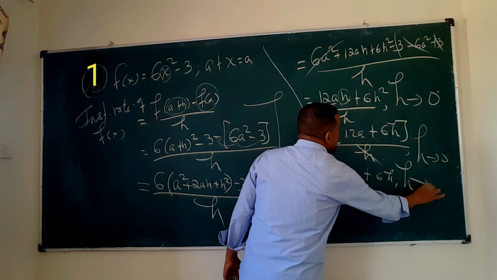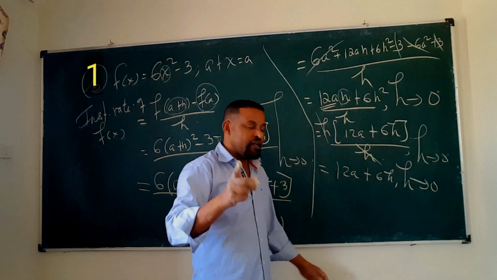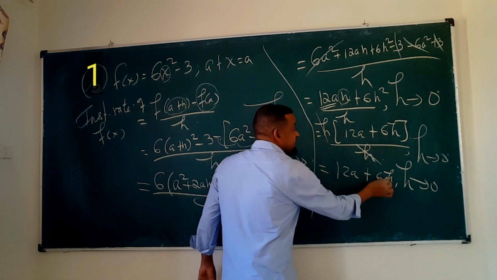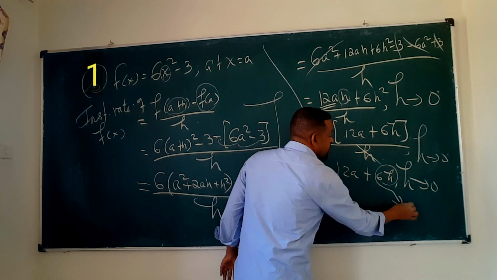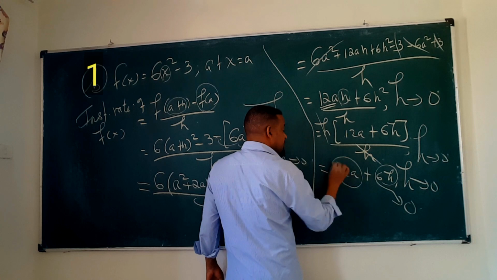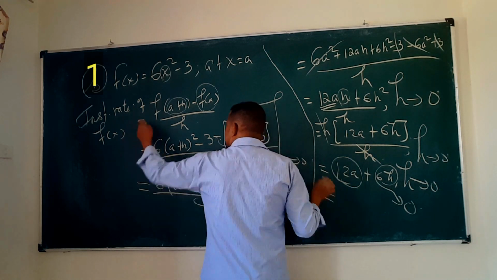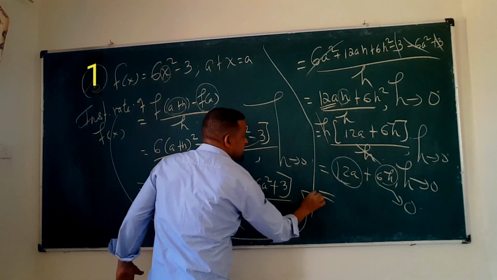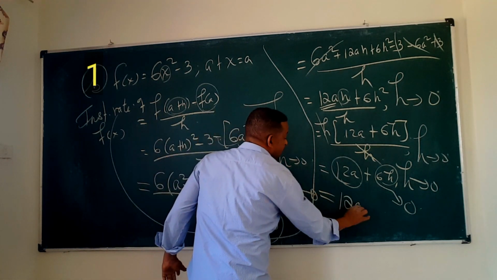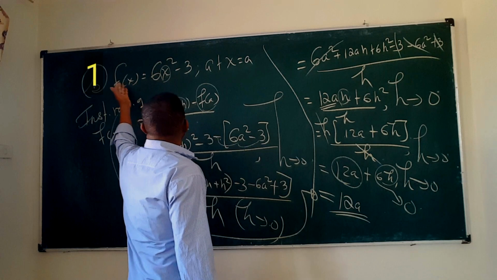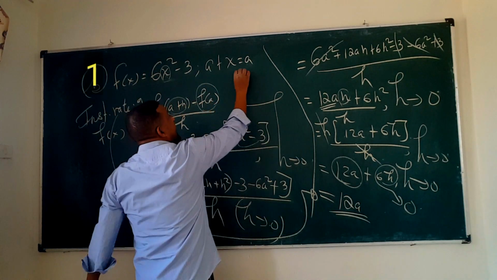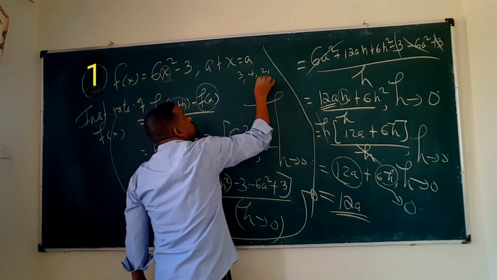When h approaches 0, this 6h goes to 0, so what remains is 12a. So the instantaneous rate of change of the function is given by 12a. So what is the instantaneous rate of change of this function, for example at a, or at 3, at 4, at 2, at 1, take any.